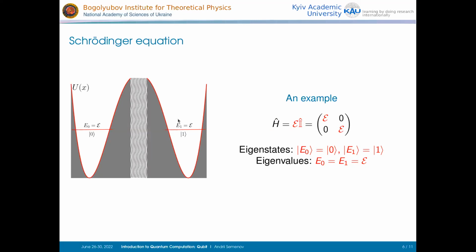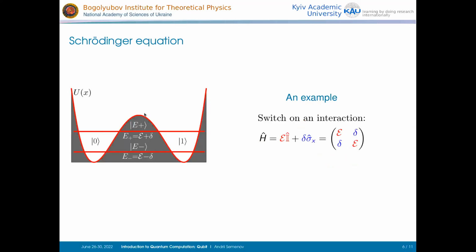After that, I would like to switch on some interaction. So let's, for example, bring these two wells a little bit closer. I understand that this is just a toy thing, but it is just to explain how things are working.